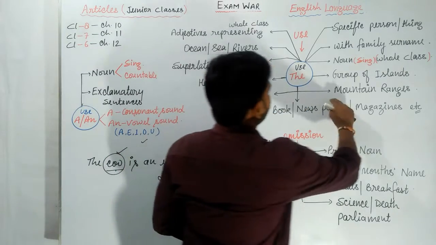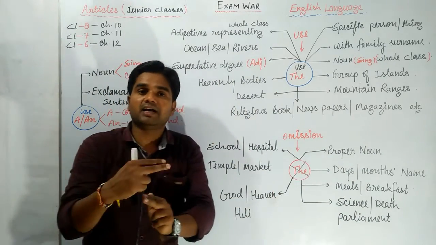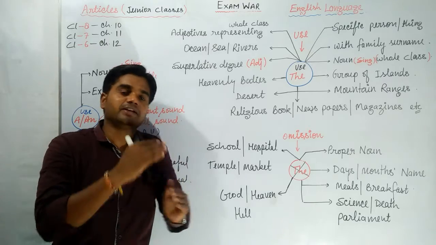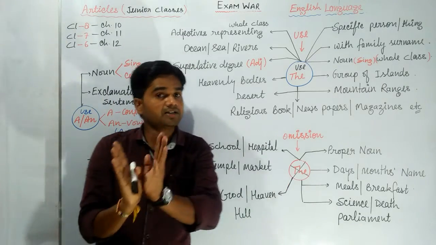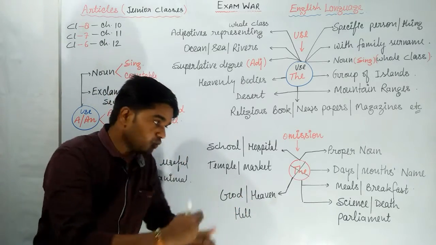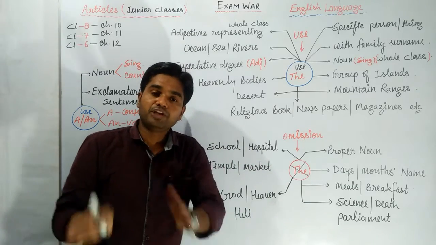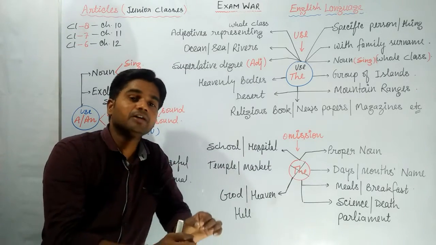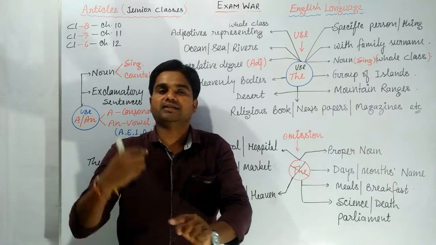Next one, mountain ranges. Before mountain ranges, like the Himalayas, the specific point here is that we use it with mountain ranges, not a single mountain. We do not use article the before a single mountain or single peak. We use article the with mountain ranges. If I say the Himalayas, it is correct.